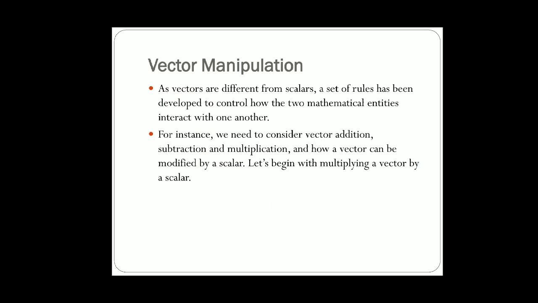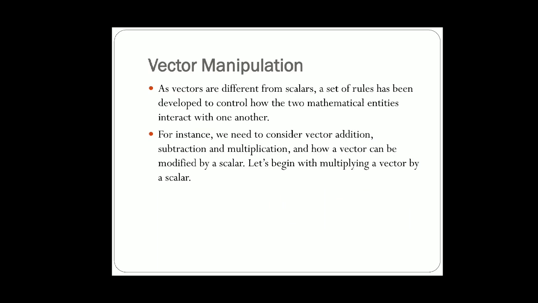Now what is manipulation? Vector manipulation means changing values rigorously, as vectors are different from scalars. So scalars and vectors are two different quantities. A set of rules has been developed to control how two mathematical entities interact with one another.